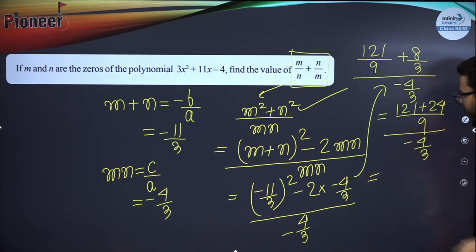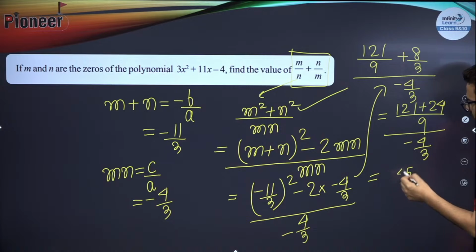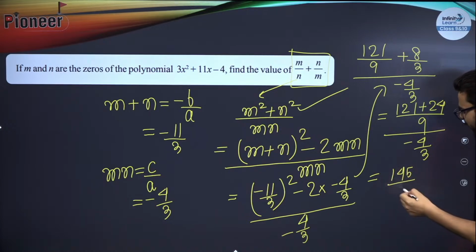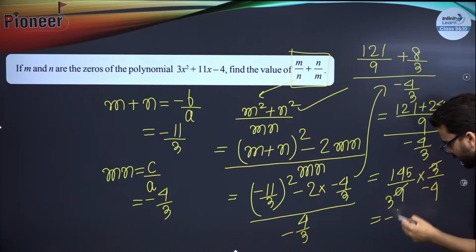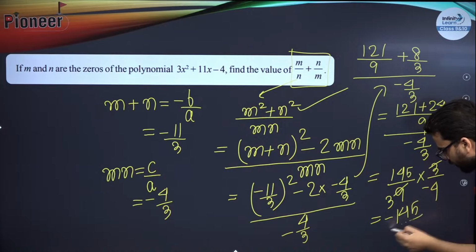So what you will be getting, guys, this is 145 by 9 into 3 by minus 4. So basically this is the answer. You can simplify it. Is it getting cancelled out? I think no. Okay, so this will be the answer, minus 145 upon 12.